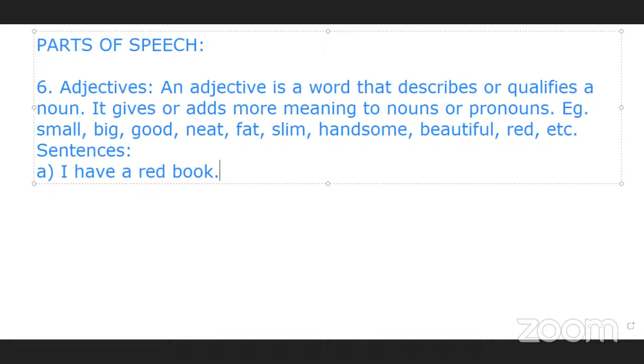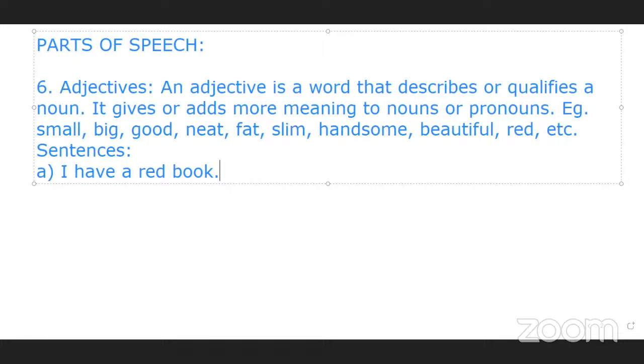Red. A red book. Great. And which word is it qualifying or describing or adding more meaning to? The book. Very good. So it is describing my book.